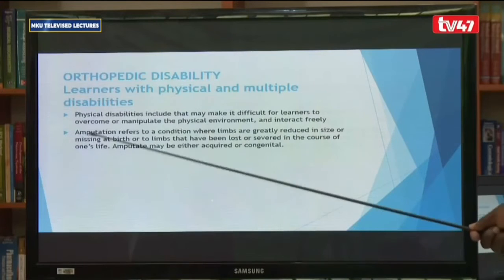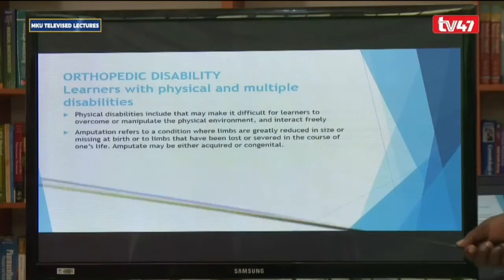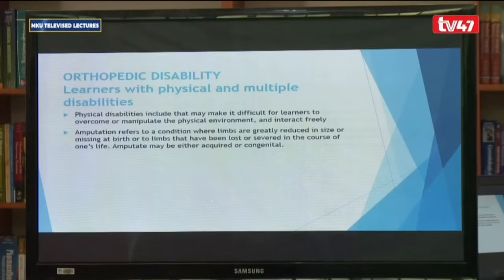Now, one of the conditions which is a physical disability is amputation. Amputation is any condition whereby the limbs are missing or are reduced in size.